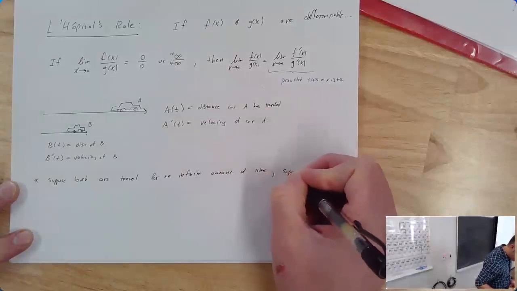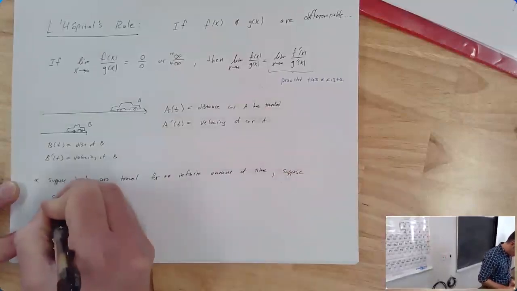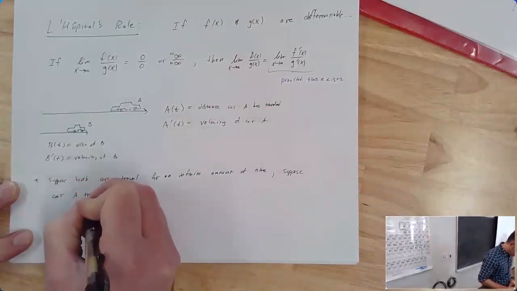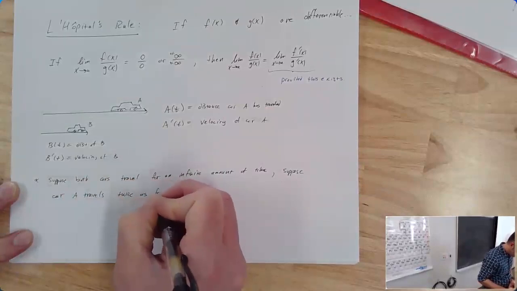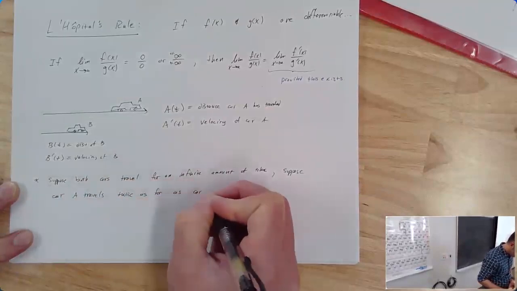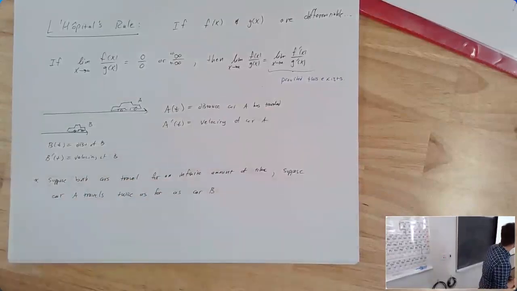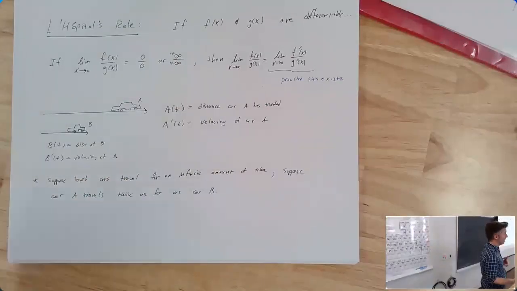suppose car A travels twice as far as car B. First of all, if they both have some non-zero speed, they're both going to travel an infinite distance. If you keep going forever and ever and ever at some speed, you're going to go forever.